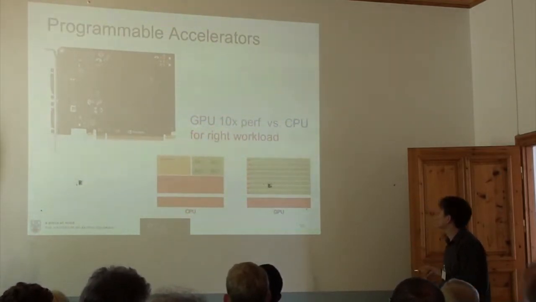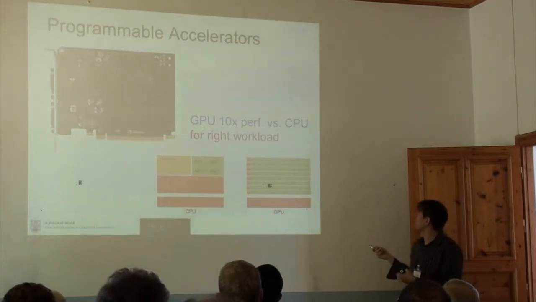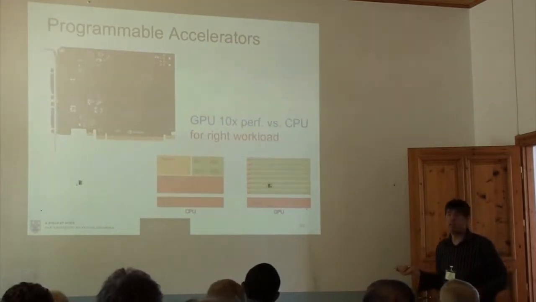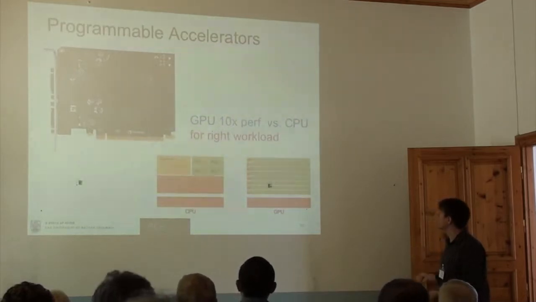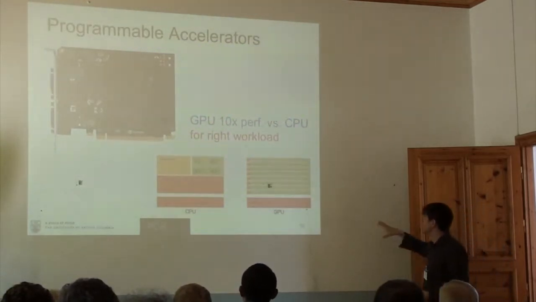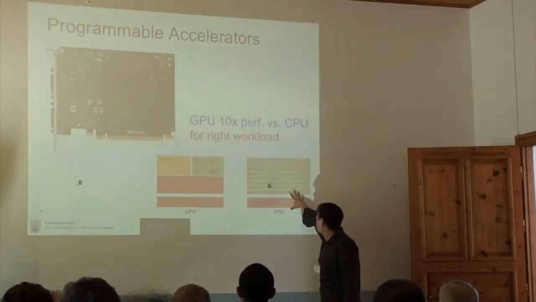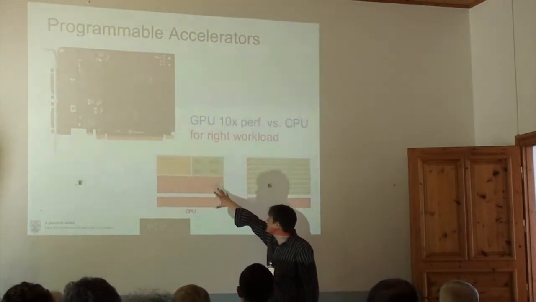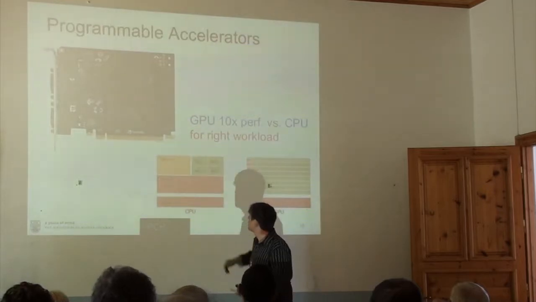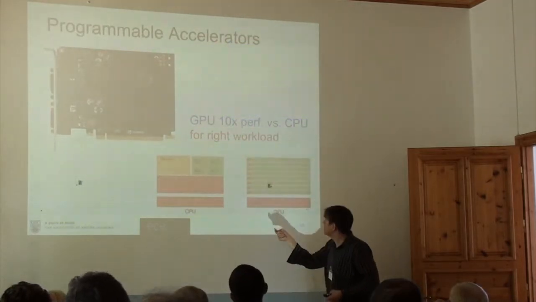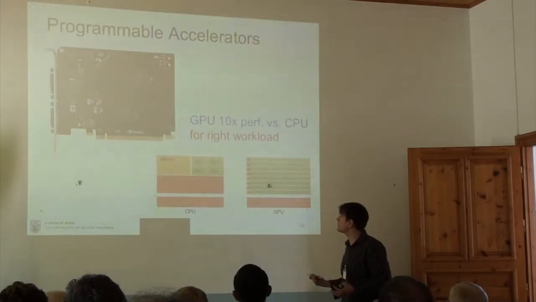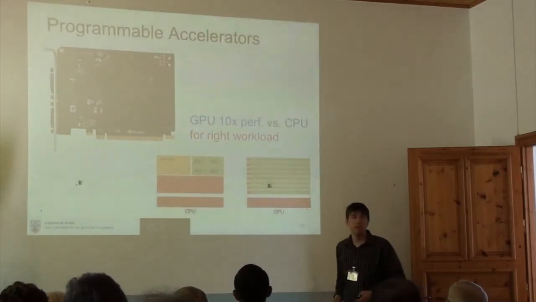And so why programmable accelerators? The argument is that for the right workload, you can get about an order of magnitude better performance versus, say, a CPU. And why does that come about? Here's just a simple diagram at the bottom showing how the area is used in these different architectures. This is some pictures of NVIDIA. And what you can see here is for the CPU, you tend to have a lot of area devoted to control, reorder buffer, out-of-order scheduling, also caches, right?